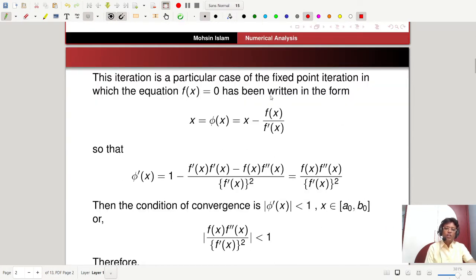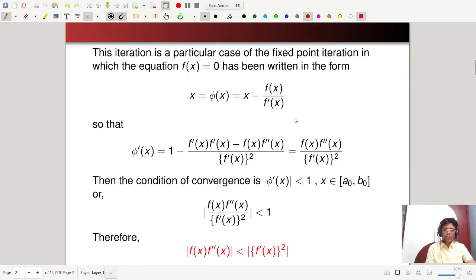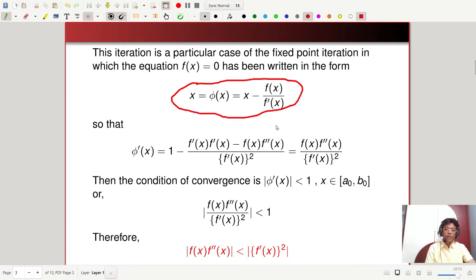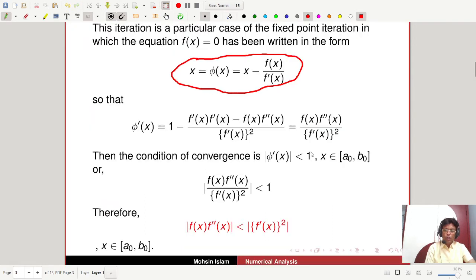The iteration is a particular case of the fixed point iteration. We'll see it in my next videos on fixed point iteration also, in which f(x) = 0 has been written in the form x = phi(x) = x - f(x)/f'(x). Then phi'(x), if you differentiate, is given by f(x) f''(x) / (f'(x))^2.